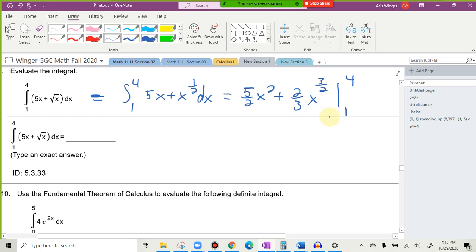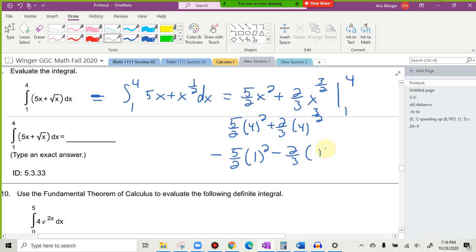Add 1 to the power gives you 3/2, and then flip the number that you have as the power. Plugging in 4, 5/2 times 4 squared plus 2/3 times 4 to the 3/2 minus 5/2 times 1 squared minus 2/3 times 1 to the 3/2. 16, 8, 40. 4 to the 3/2.